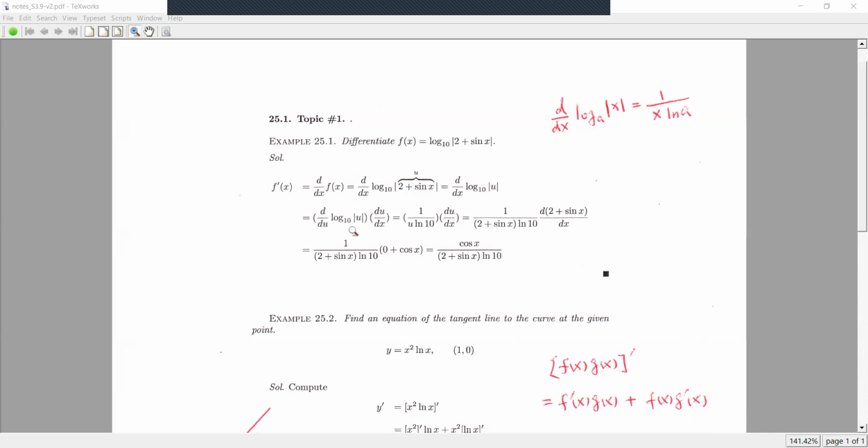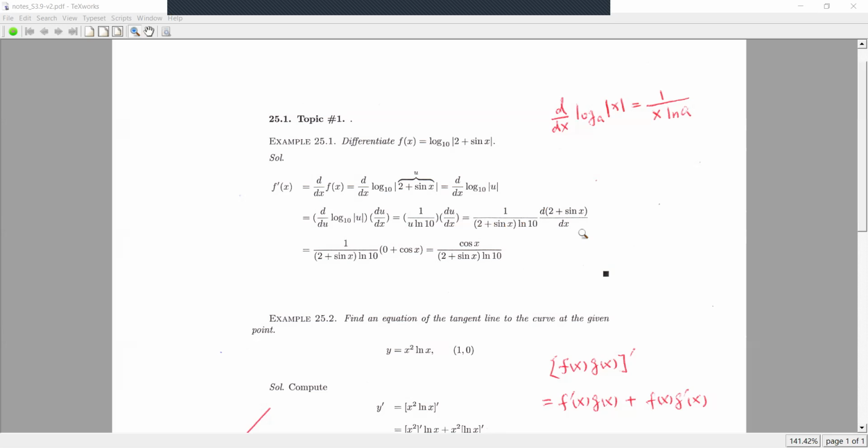This derivative by formula is 1 over u times natural log of 10. Now, remove the intermediate variable u. Plug in 2 plus sine of x for the u here, then I have this equation.